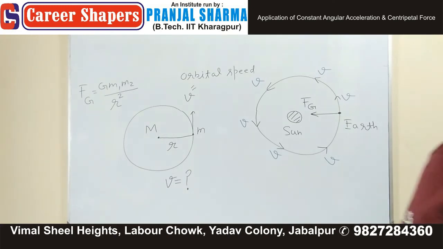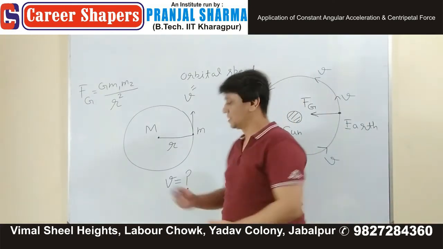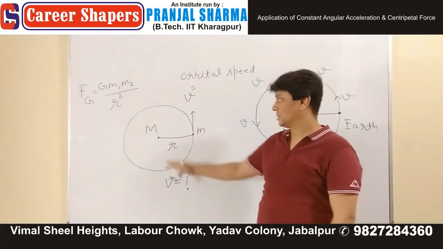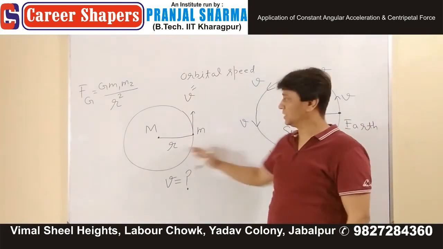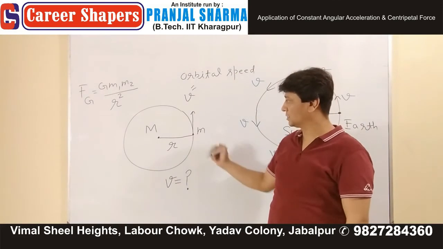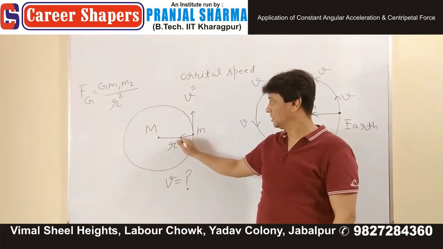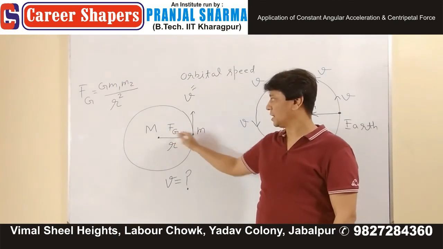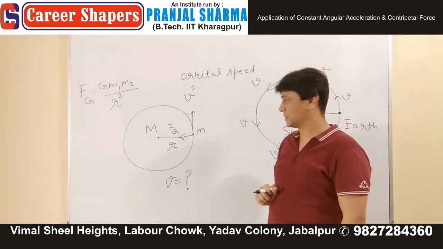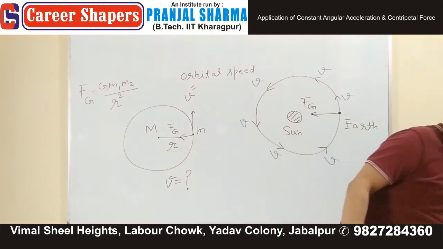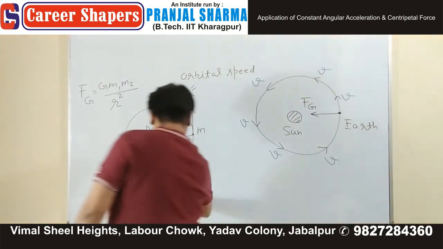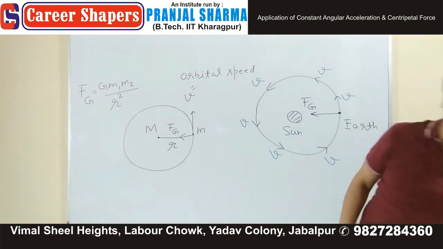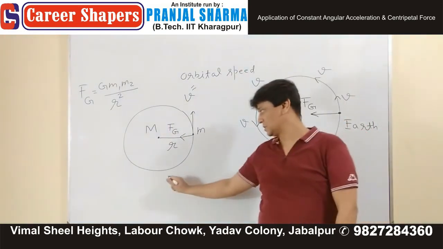And good, some answers are correct. So what I told you, capital M, which is sun, is pulling Earth towards itself with a force of gravity Fg, and this Fg is nothing but the centripetal force.